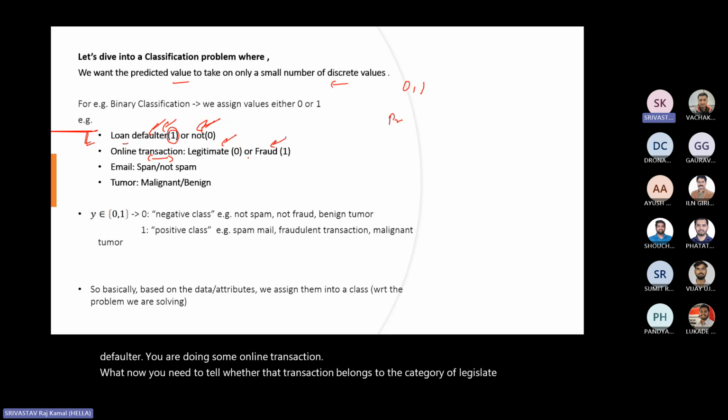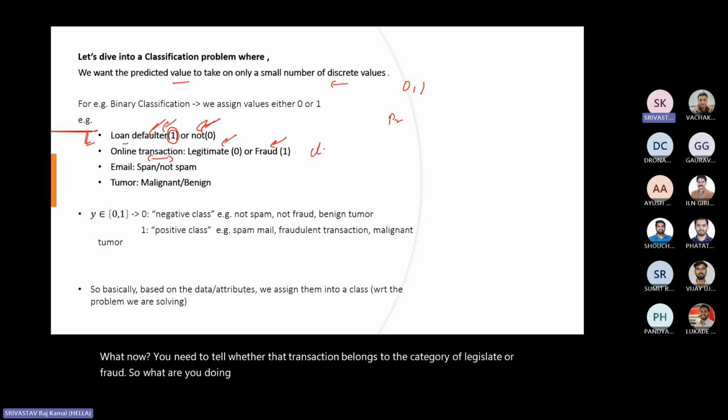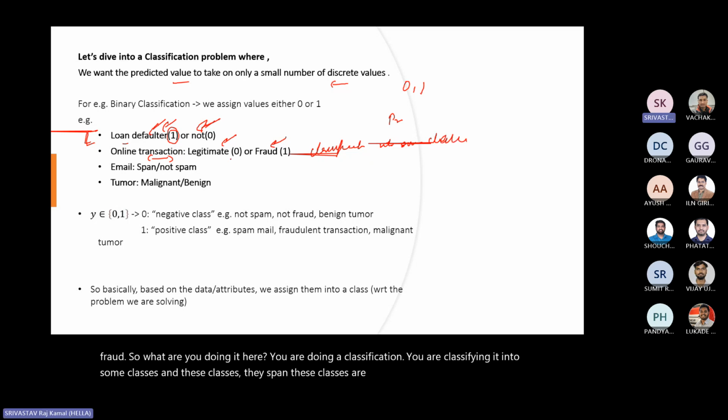So you are doing classification, classifying into classes, and in this case the classes are genuine or fraud. An email which you receive, whether it is spam or not spam. You are looking into images of lungs, for example.